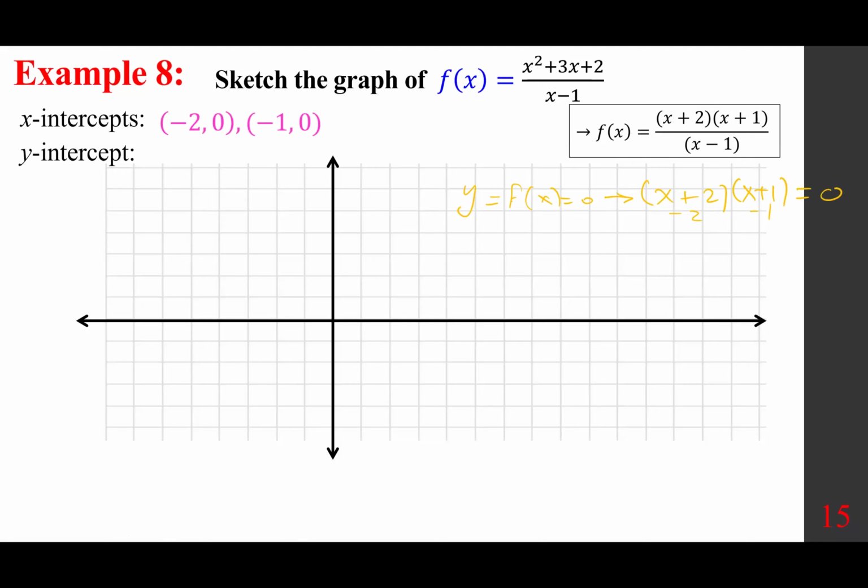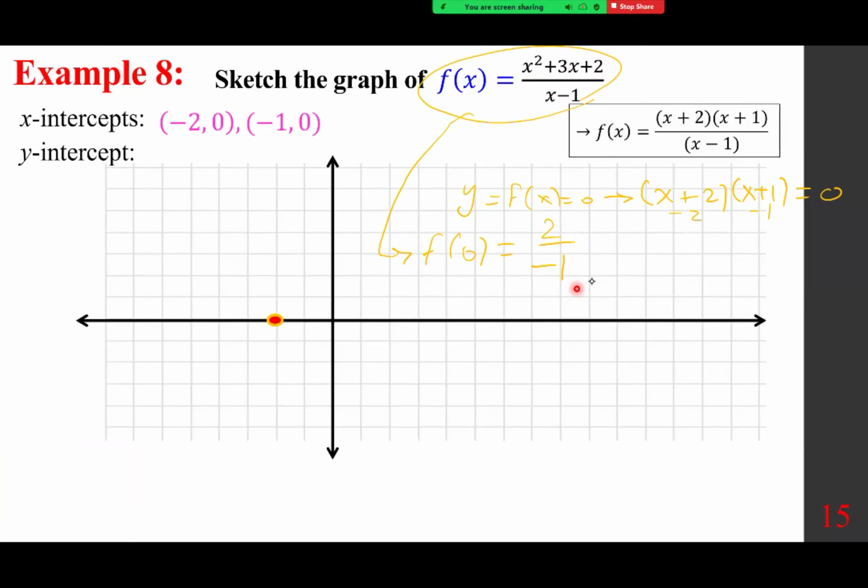Let's find the y-intercept. To find the y-intercept, you set x equal to 0. You basically say f of 0, which means 2 over negative 1. Notice, if x is 0, this goes to 0, so just 2. This goes to 0, just negative 1. 2 over negative 1 is negative 2, so 0, negative 2.